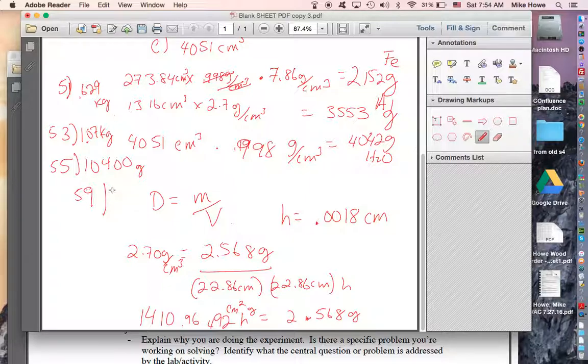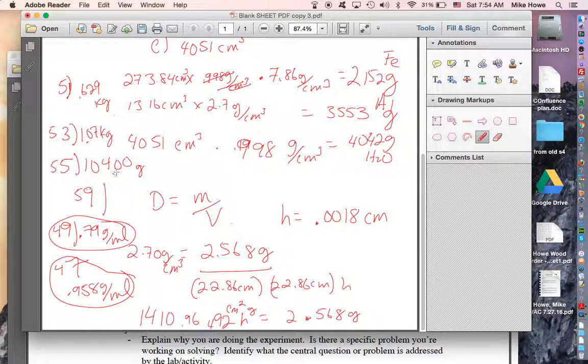Okay, we did 49 also, didn't we? So 49, the answer was 0.79 grams per milliliter. And 47, the answer was 0.958. All right. So there's all the answers to the homework. Hope that was helpful. And I'll see you on Tuesday.